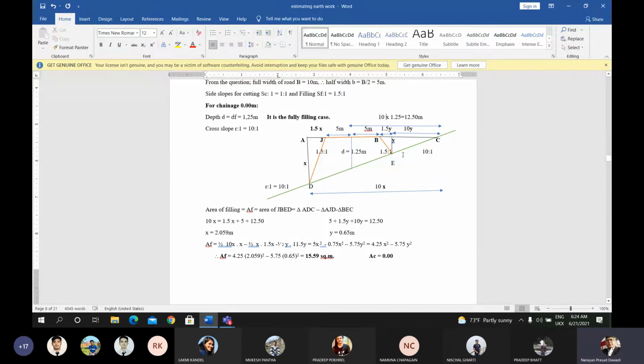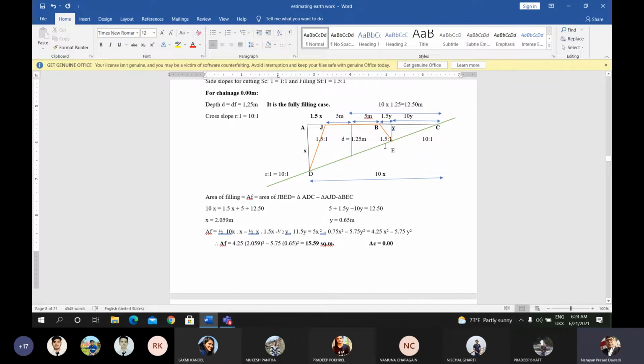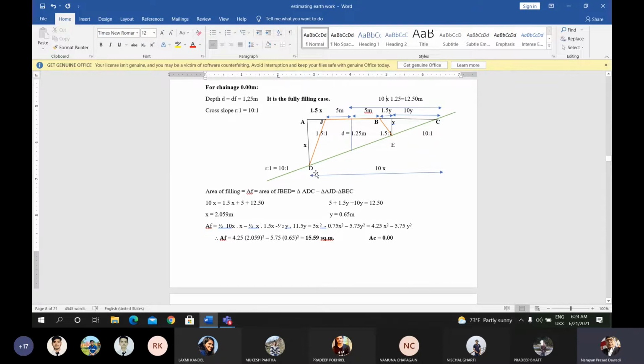Now from the full triangle ACD, you can see the horizontal distance 10x. The horizontal distance 10x will be 1.5x plus 5 meter plus 12.50 meter.